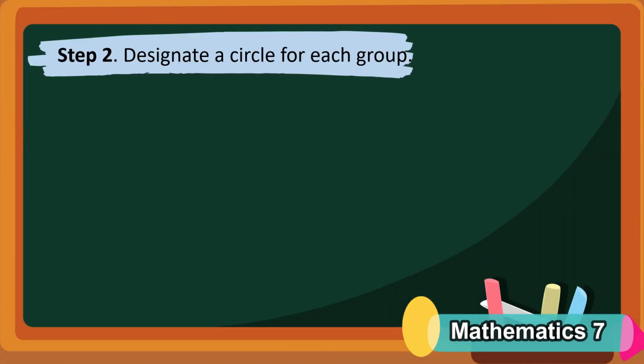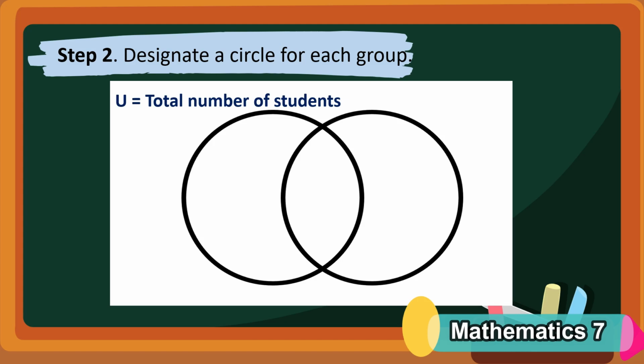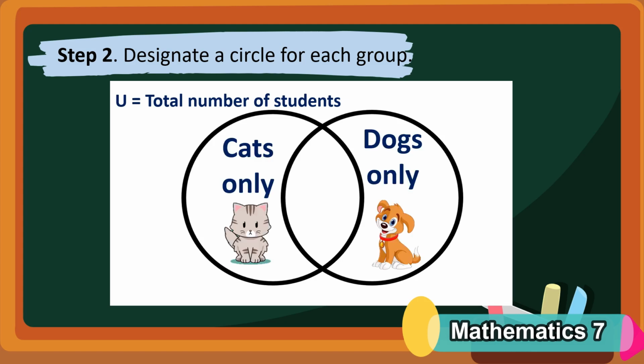Step number 2. Designate a circle for each group. Label the universal set as the total number of students. Label each circle for cats and dogs. The intersection represents the students that had both, and outside the circles are those who had neither of the pets.